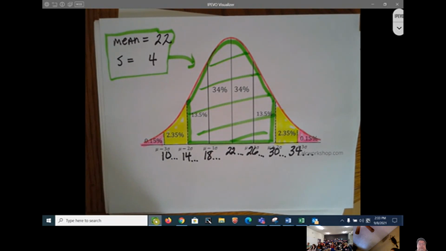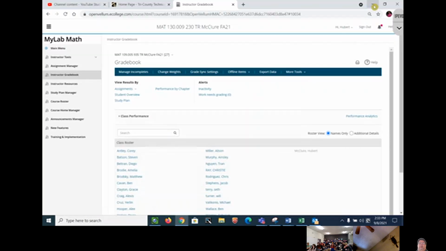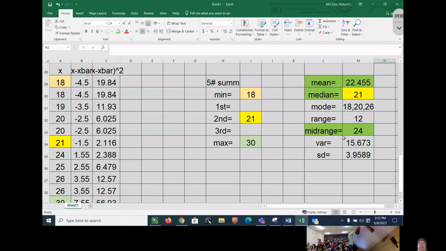Now let's go to the 5-number summary. Five-number summary, you already got some of it filled out. How many numbers are above 21? 5. And 5 is even or odd? Odd.